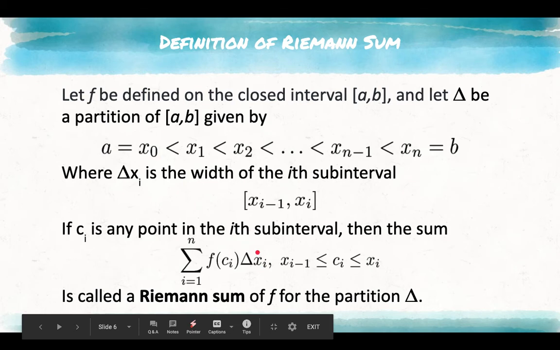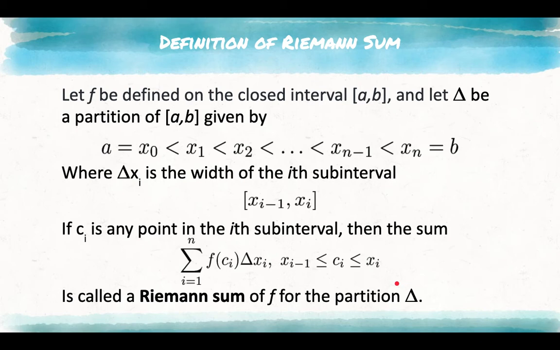The main difference here is that your delta x sub i is not constant, so that is also going to be a function of i. But this is what's called a Riemann sum for the partition delta. And when we just say this delta without anything else, we're talking about a specific partitioning of your interval.